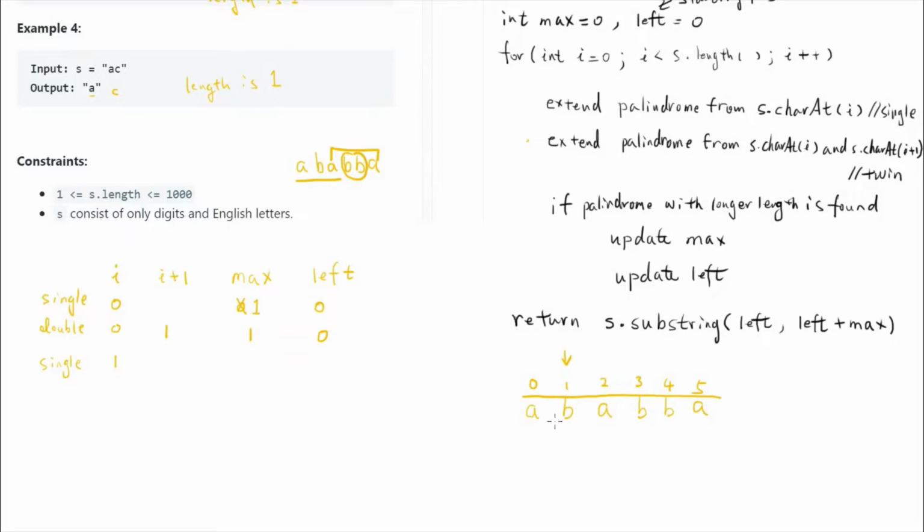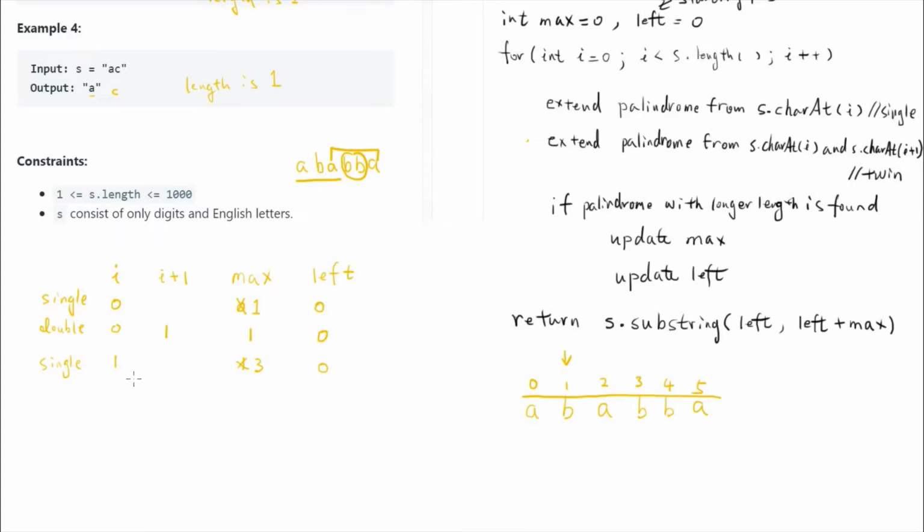We cannot extend the palindrome anymore because we don't have any character on the left side to compare with the B at position 3. So our new max is 3. It was 1. Now it's 3. And we will update the left index. It was 0. And because our new palindrome ABA starts from 0, we don't have to update left.